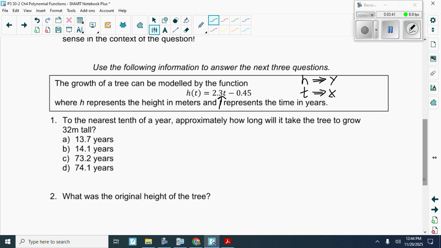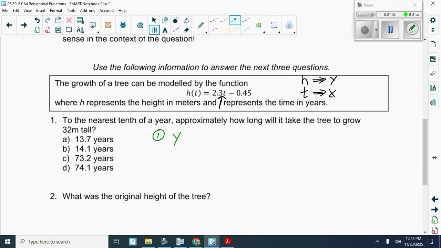And then 32 years. H equals Y. So you put the 32 for your X value? The 32 is meters tall. We said time was X. That's why we need to define these so we know which one to put. Are we finding Y or are we finding X?